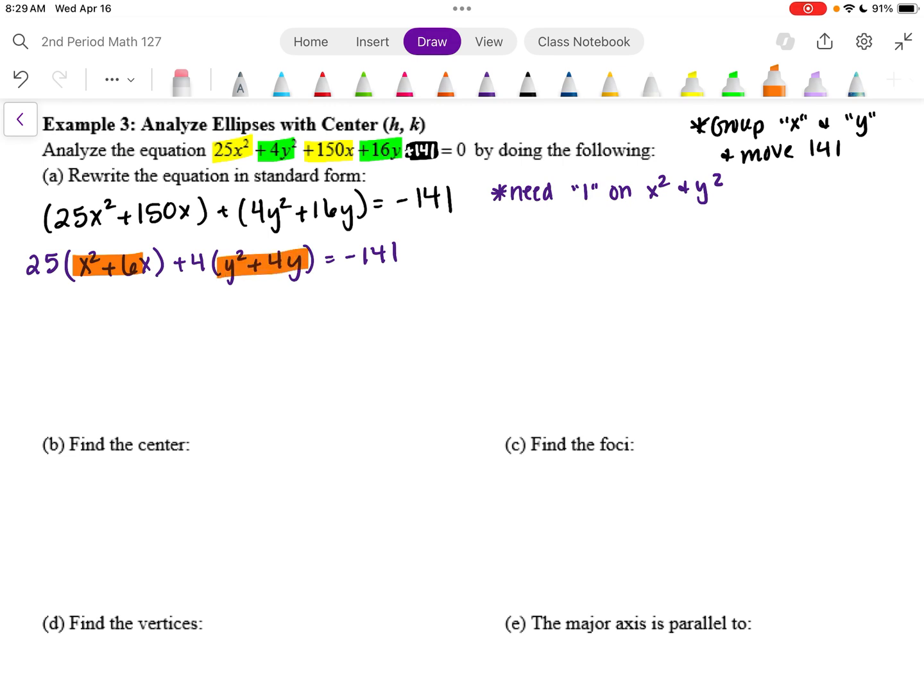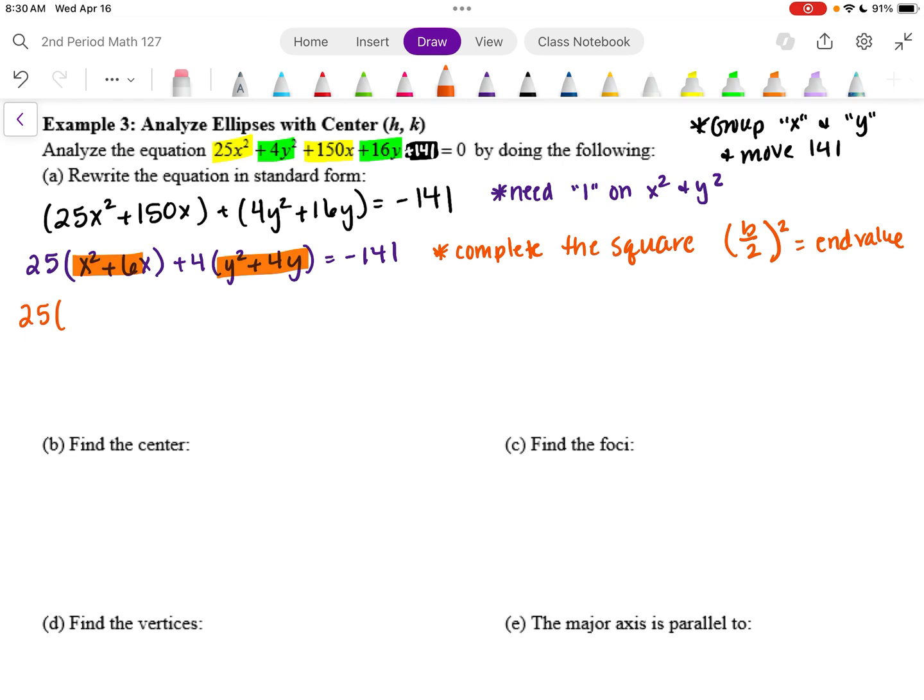Now I'm going to need to complete the square on these two pieces. To complete the square, you're going to do b over 2 squared, and this is going to become the end value.